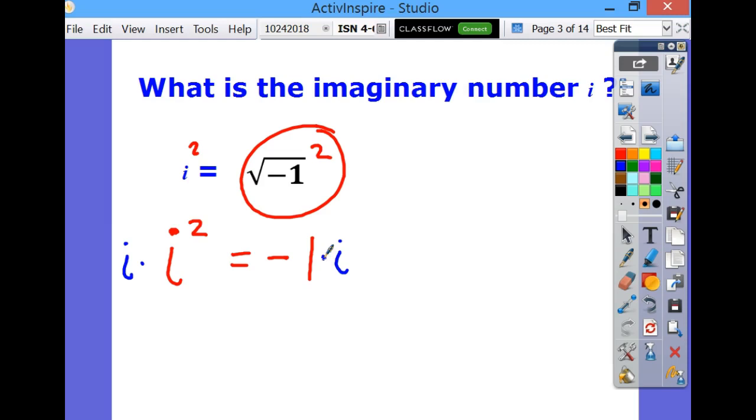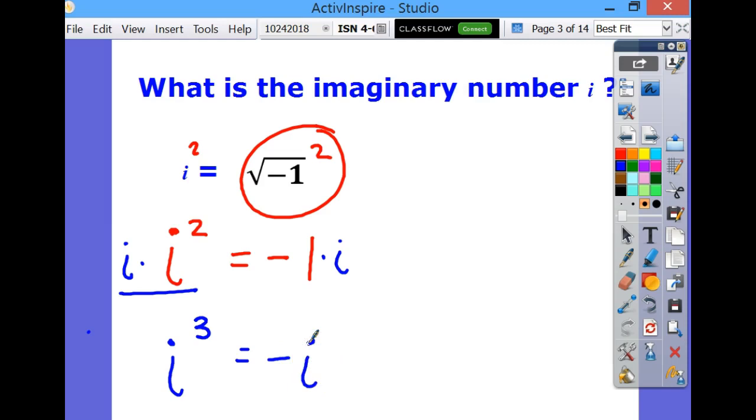Would that be okay? And then what would this be equal to? It's already i squared. If you multiply it by another i, wouldn't that be i to the third power? And then if I multiply those two together, I would get -i.